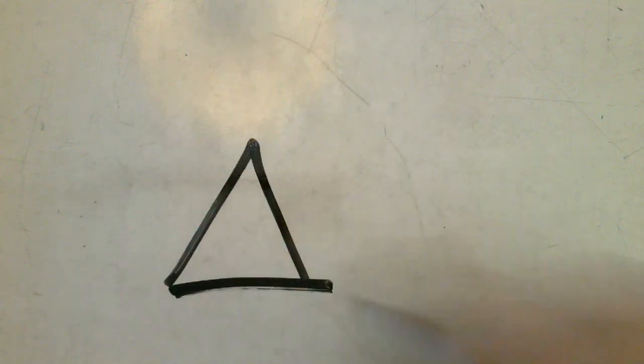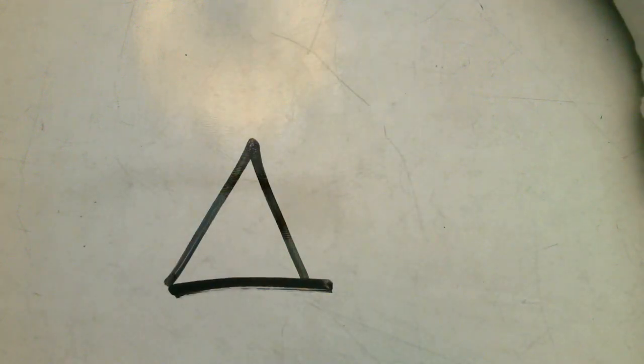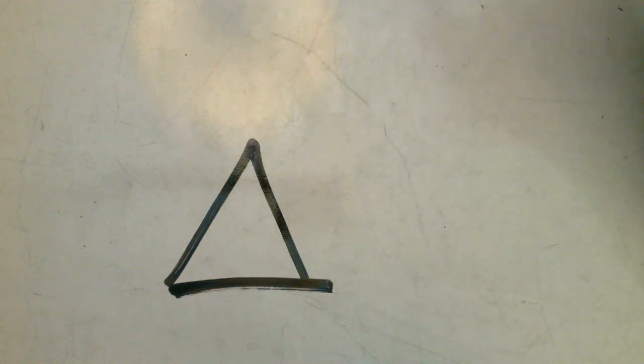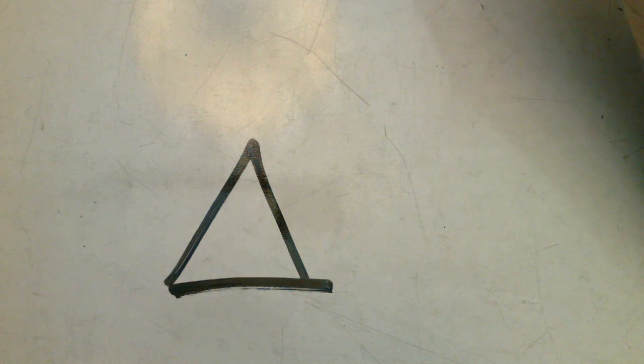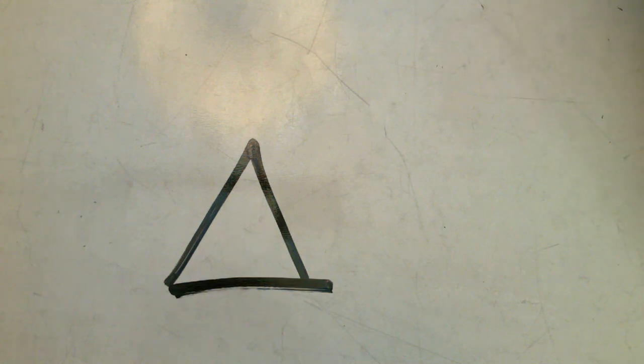A triangle, if we wanted to define it, has three sides, 3 points, and even 3 angles to look at. All of these help us determine what kind of triangle it is. But not all triangles are the same, which means there's different categories of triangles that we are going to talk about today.